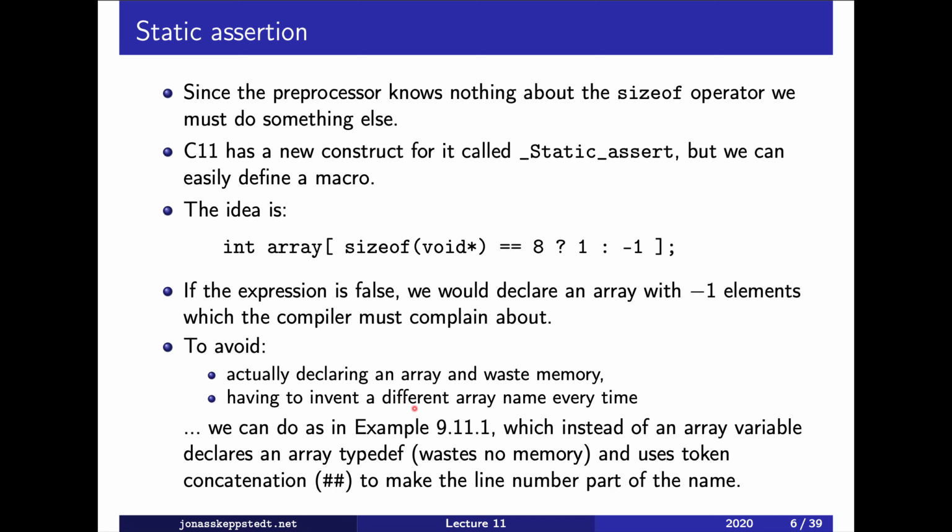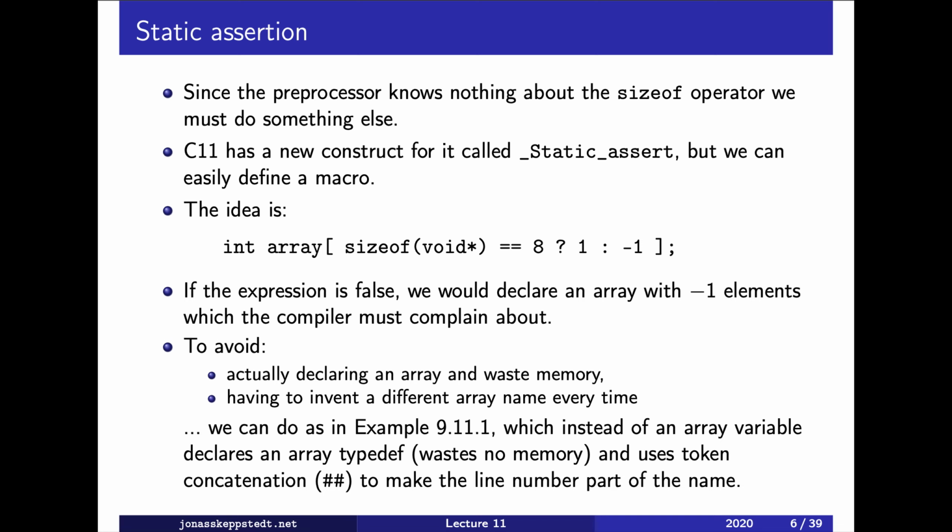And how to do that, the details are explained in this example in the book, but I will not ask you in the oral exam to give the details, but the principles are good to know.